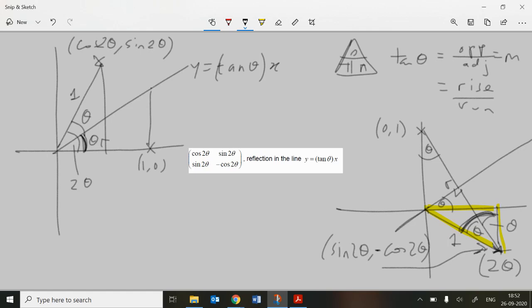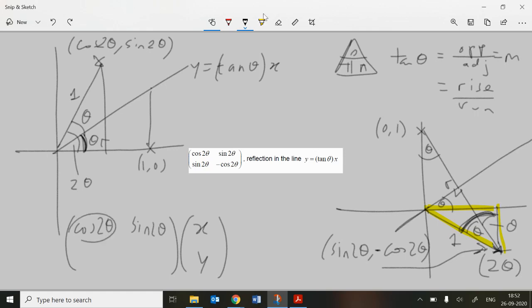Okay, well, we're nearly there now to create the total reflection. So if we combine these two things to act on a particular coordinate point, then we're going to have cos 2 theta and sine 2 theta acting here. So cos 2 theta there, and then sine 2 theta is acting there.